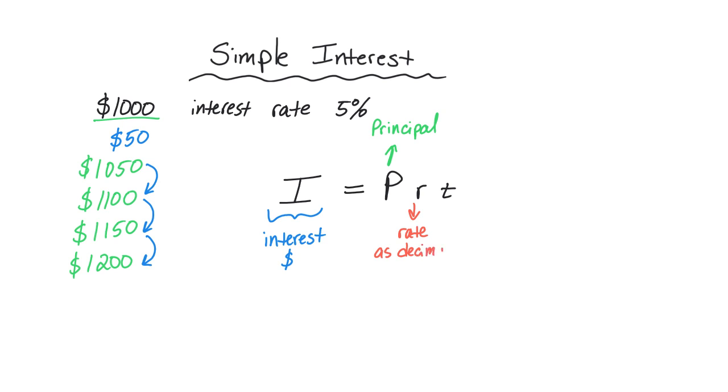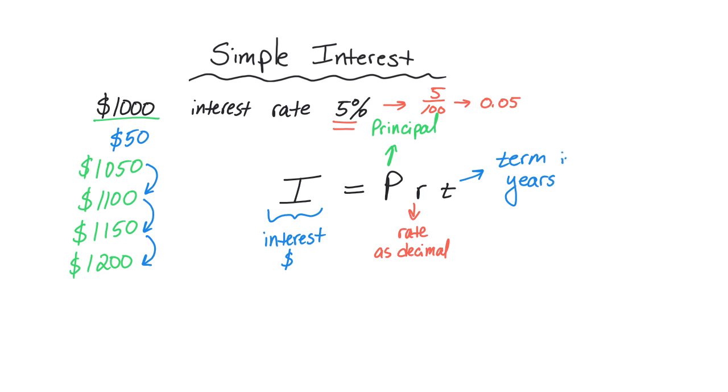So what I would need to do is take my 5%, and to make it a decimal, I would divide by 100. So if I were to use it in this equation, I would have to use 0.05 as my number. And finally, we have T, which is our term, and it is calculated in years.